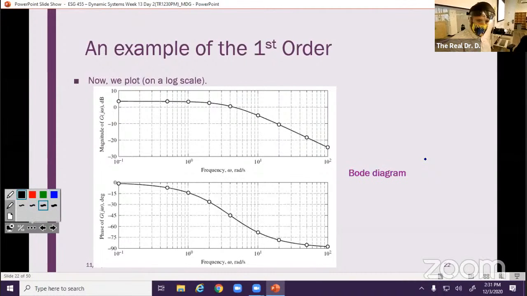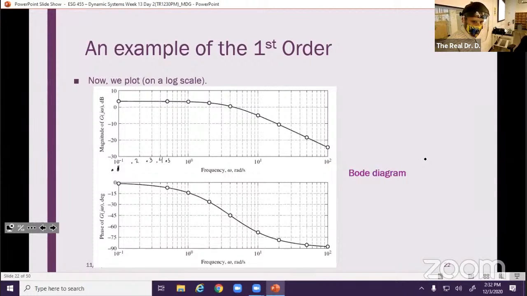So how do we read this, right? Great question. 10 to the minus 1, that's 0.1. This next tick mark, 0.2, 0.3, 0.4, 0.5, 0.6, 0.7, 0.8, 0.9, 10 to the 0, 1.